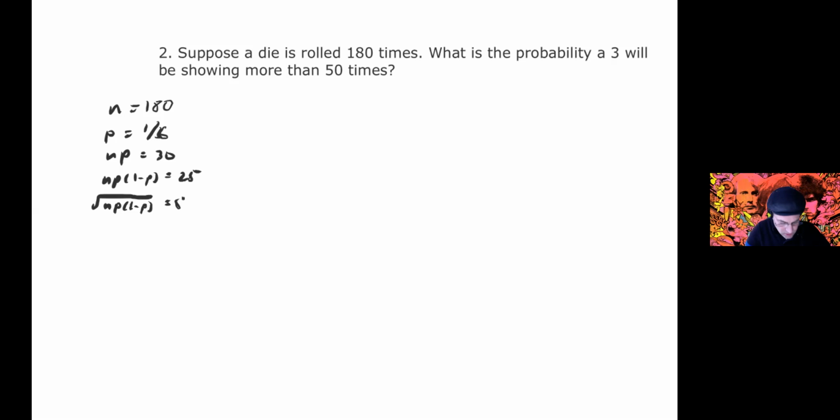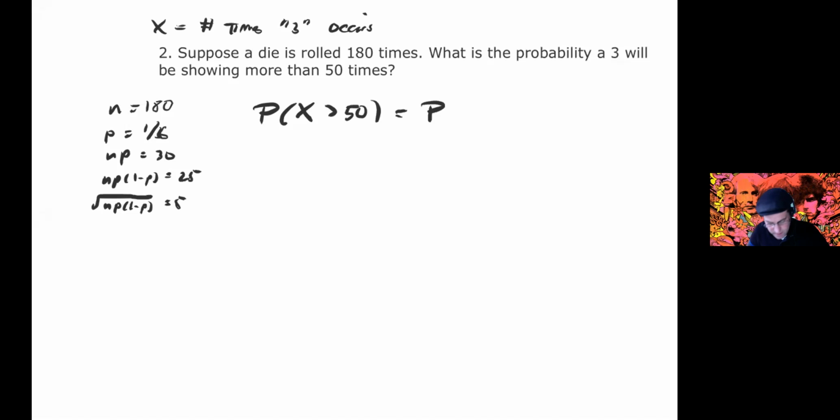Now we want to approximate the probability, where X is the number of times a 3 occurs. We want to estimate the probability that X is strictly bigger than 50. But the continuity correction says we should be taking X greater than or equal to 50.5. That's the same thing.